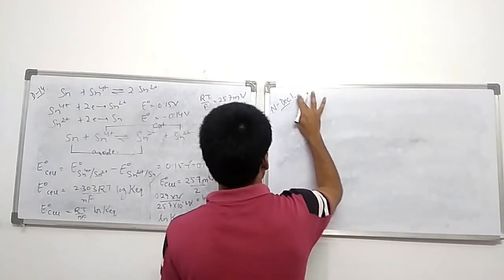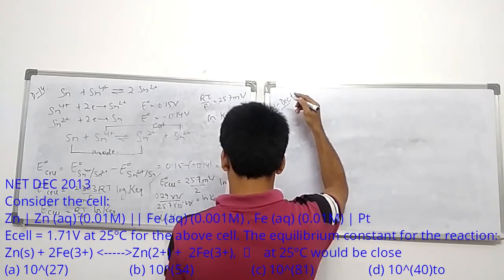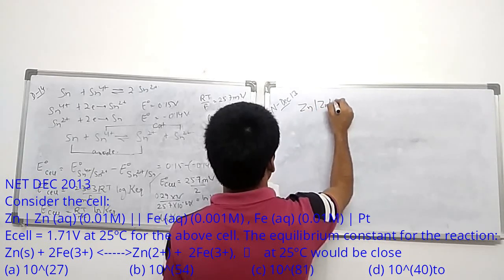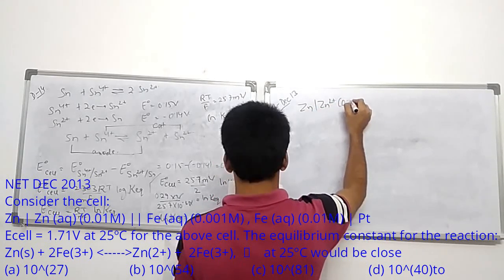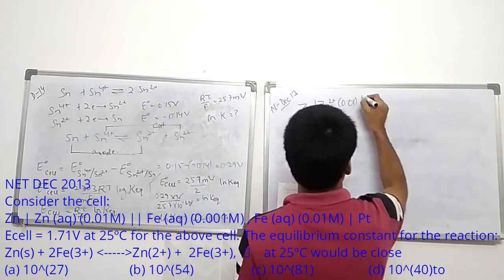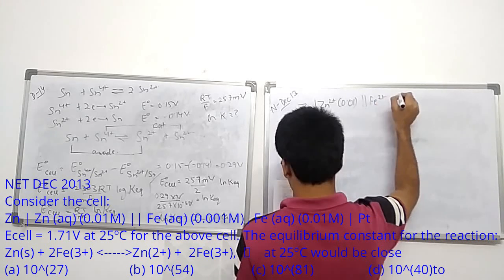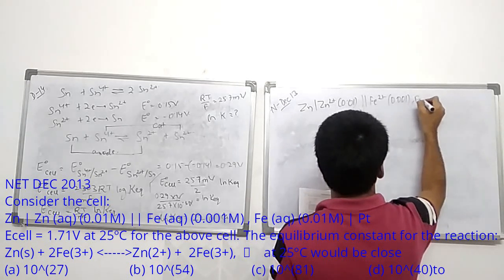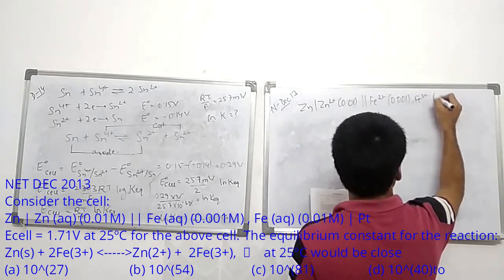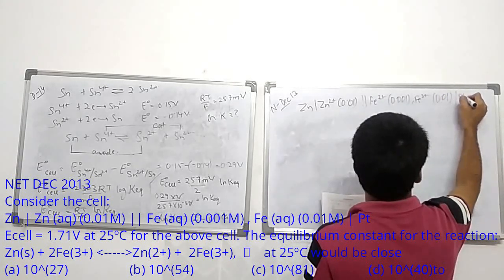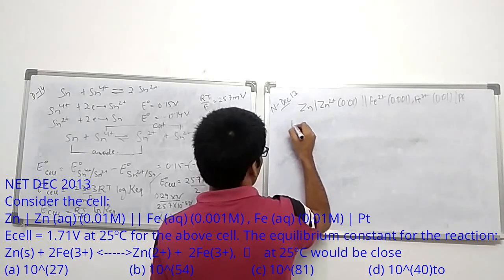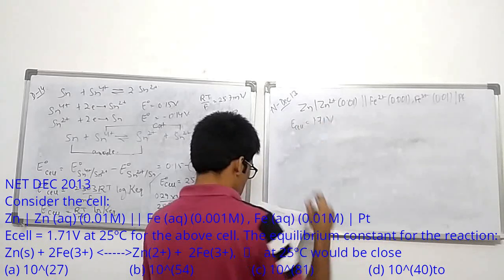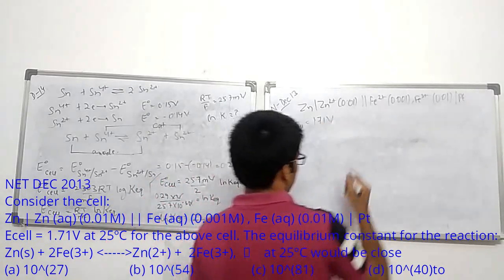The cell is zinc and I have zinc 2+, the concentration is 0.01. Then I have Fe2+, concentration is 0.001. And I have Fe3+, whose concentration is 0.01, and I have a platinum electrode. They have given me E cell is equal to 1.71 volts.